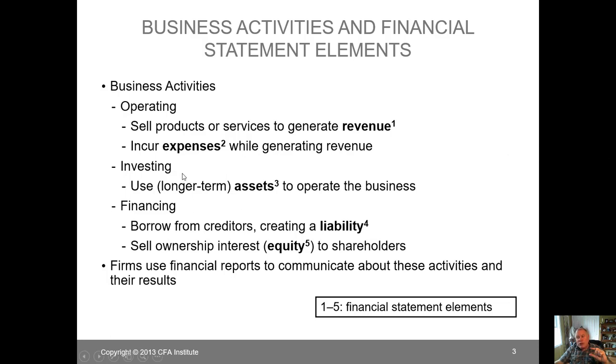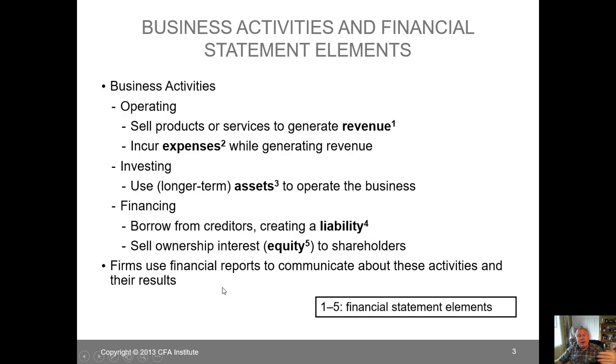Then there's investing, and that's what are we going to do to invest in the future, whether that be equipment purchases, buildings, acquisitions, investments, whatever we're doing to build the business. That's called investing. So that's really the asset side of the balance sheet. So the revenue is income statement, assets, the investment.